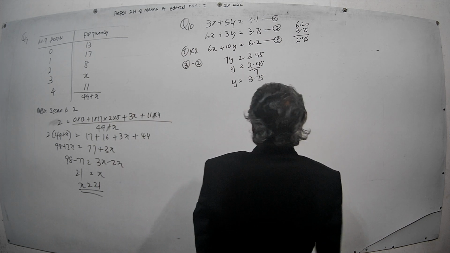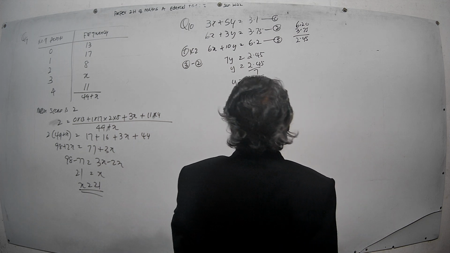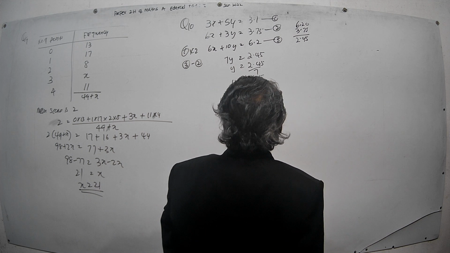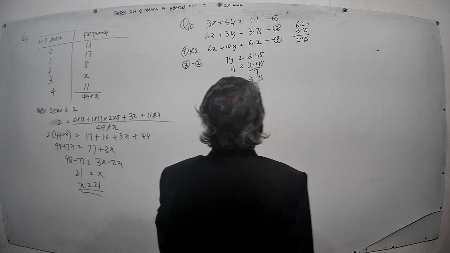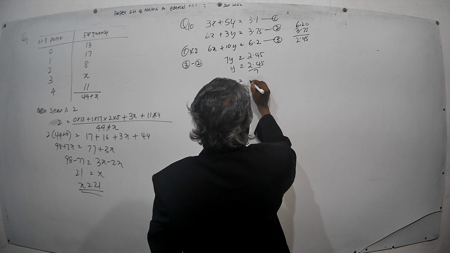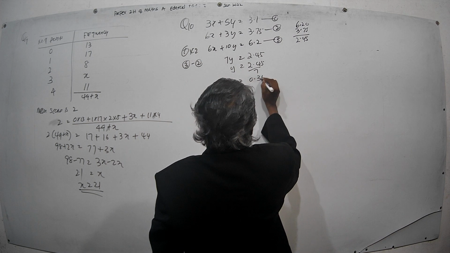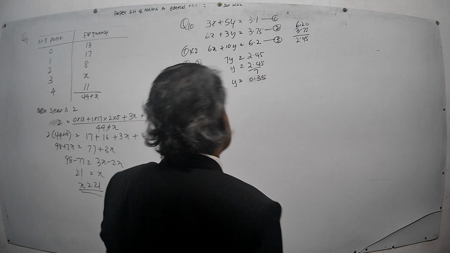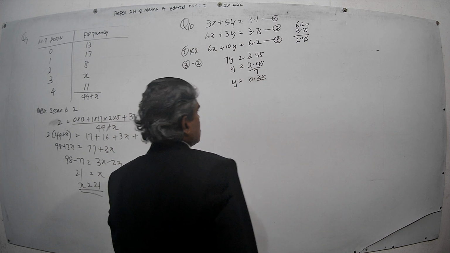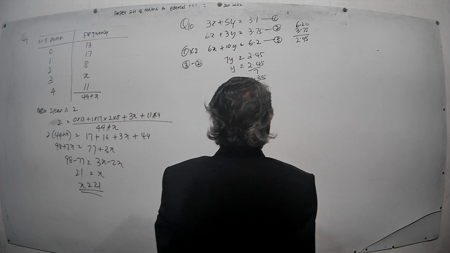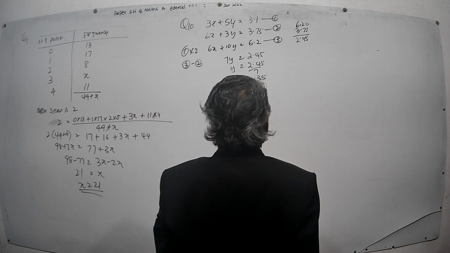So y is 0.35. Check: 7 times 5 is 35, and 7 times 3 is 21 plus 3 is 24. Yes.